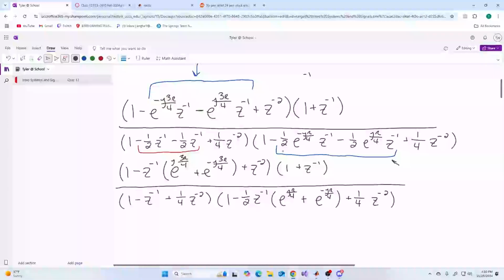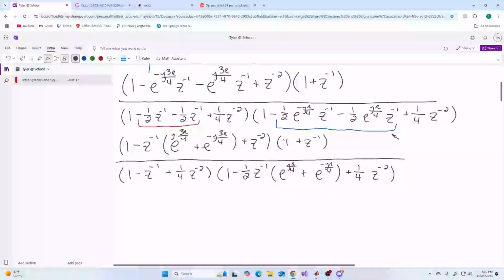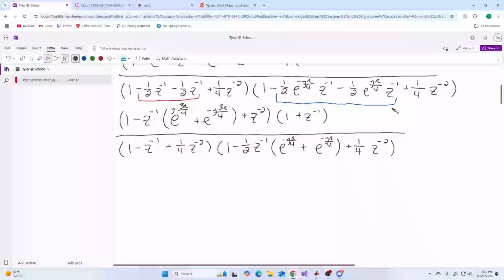Okay, now what I can do is multiply, let me get a highlighter out. This portion here, that looks horrible. I don't know why it's so thin. Alright, this one and this one, I'm going to go back and erase that, don't worry. I can multiply that by 2 over 2. So I get 1 minus 2 z to the negative 1, and I'm just going to write it, then I'm going to erase it.